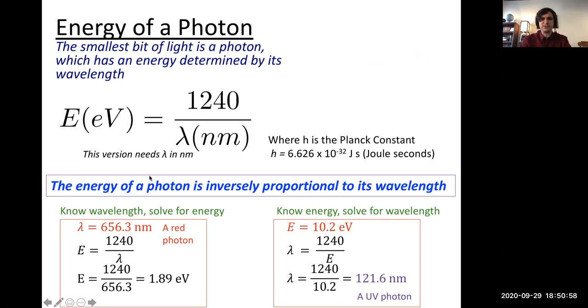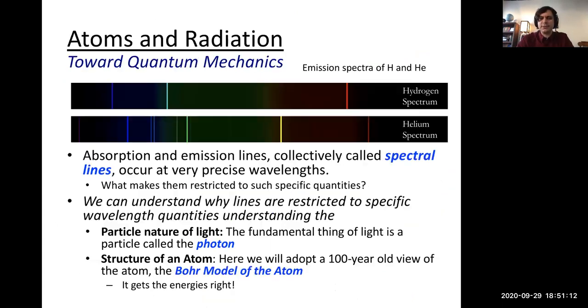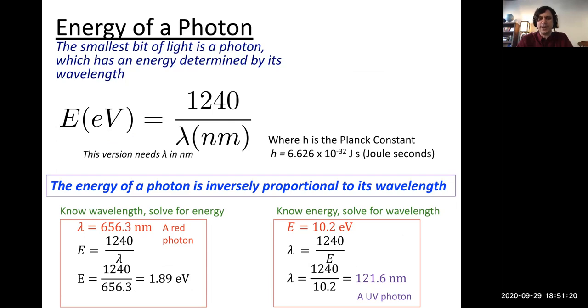Well, let me just use my handy dandy equation. Energy equals 1,240 divided by the wavelength. Plug that in, calculate that with a calculator: 1.89 electron volts. So every time you see this color of red that has a wavelength of 656.3 nanometers, you have a bunch of photons entering your eye that all have energy of 1.89 electron volts per photon.